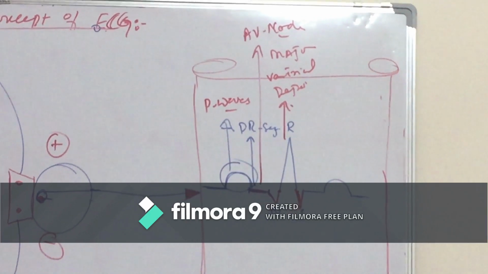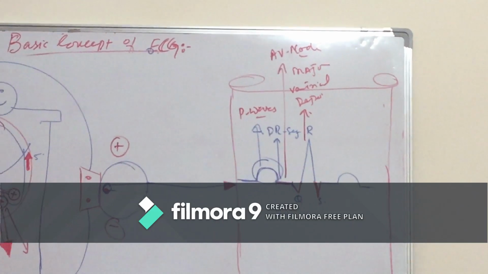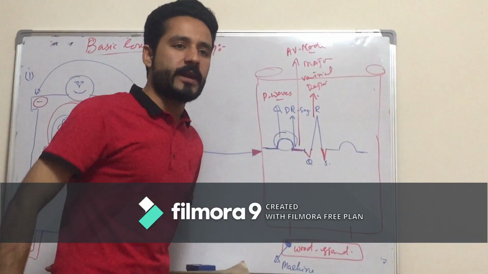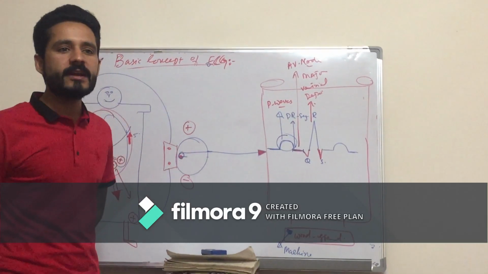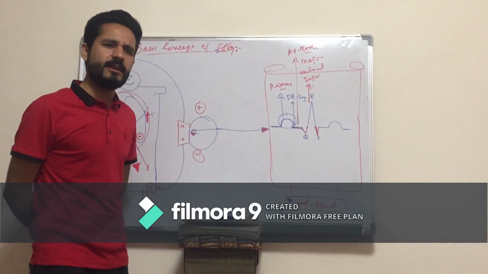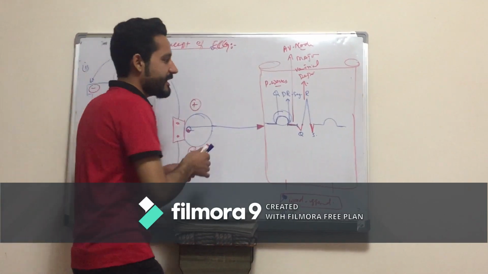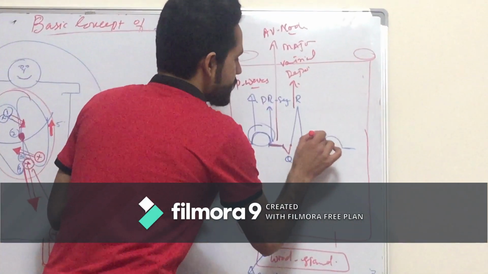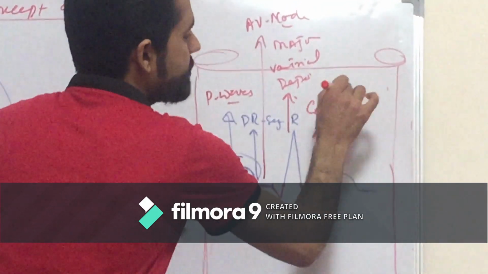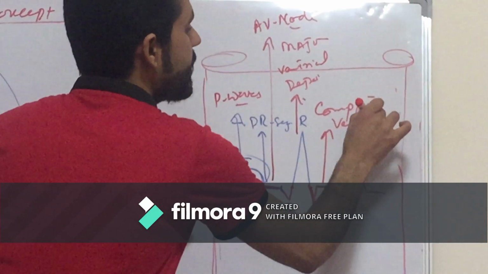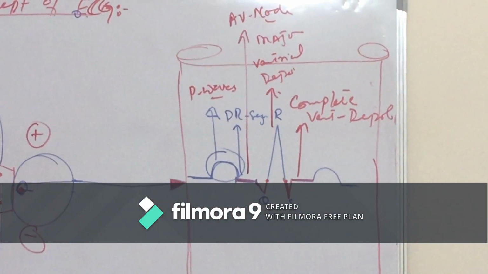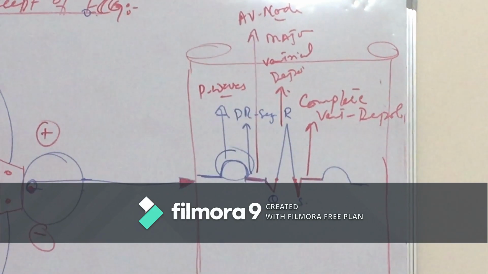Now, what will happen? As you know, when the ventricles are completely depolarized, is there any action potential? No. Is there any electrical impulse? No. This straight line shows the complete isoelectric line, complete depolarization of the ventricle.